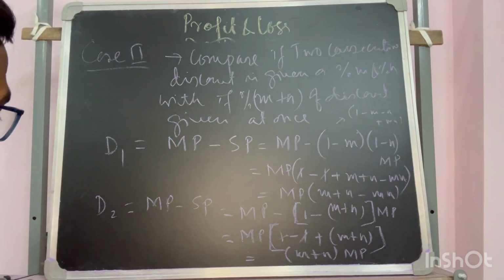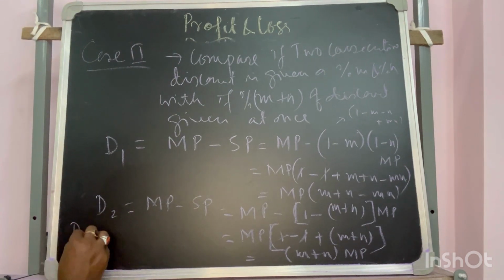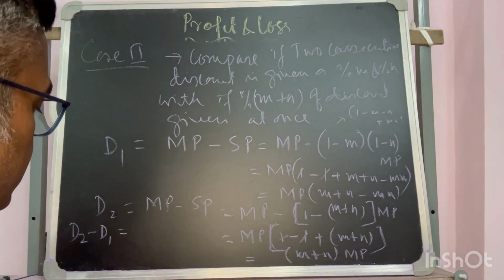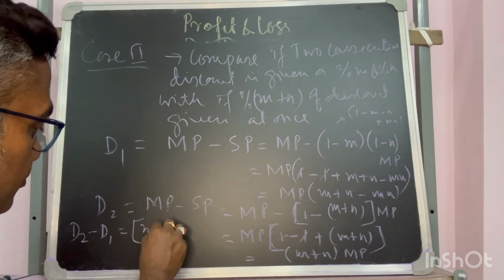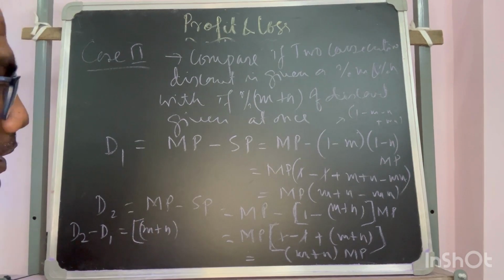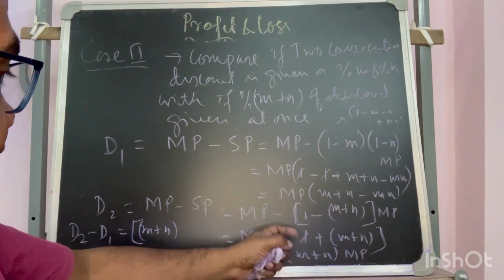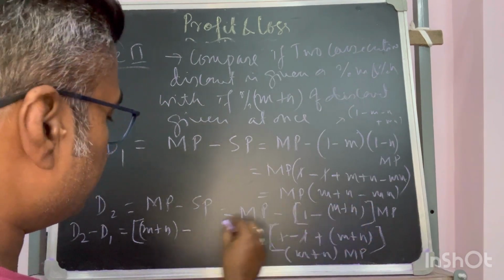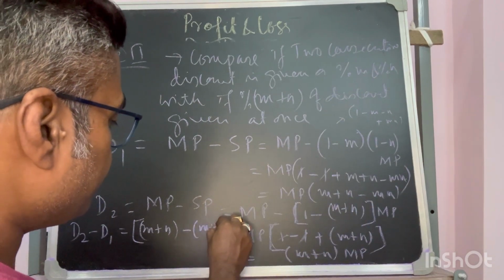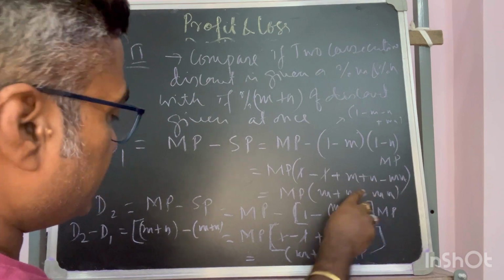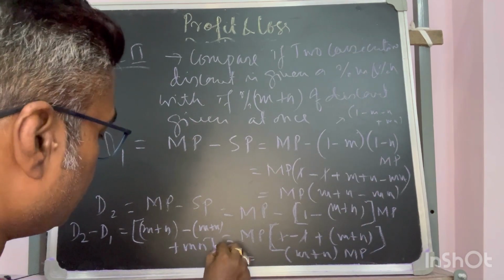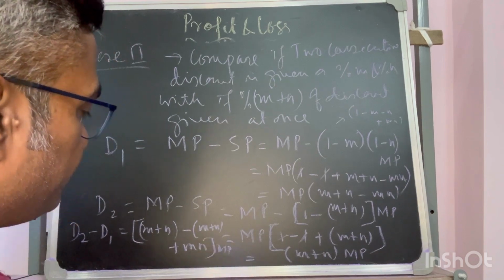Now let me deduct. D2 minus D1. So this is D2, in bracket that will be M plus N, and the first one is M plus N again. If I deduct, this will be M plus N, and minus and minus will be plus, so MN, multiplied by MP.